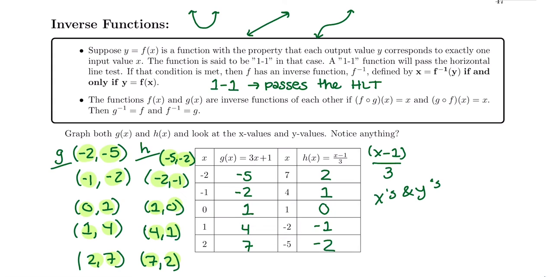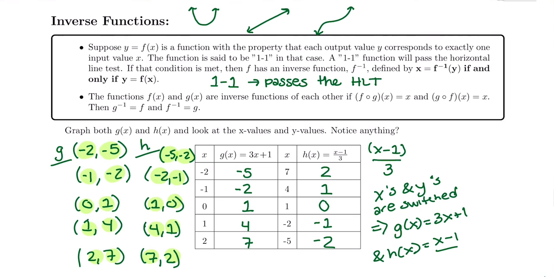X's and y's are switched, which means g of x, which is 3x plus 1, and h of x, which is (x minus 1) divided by 3, are inverses.